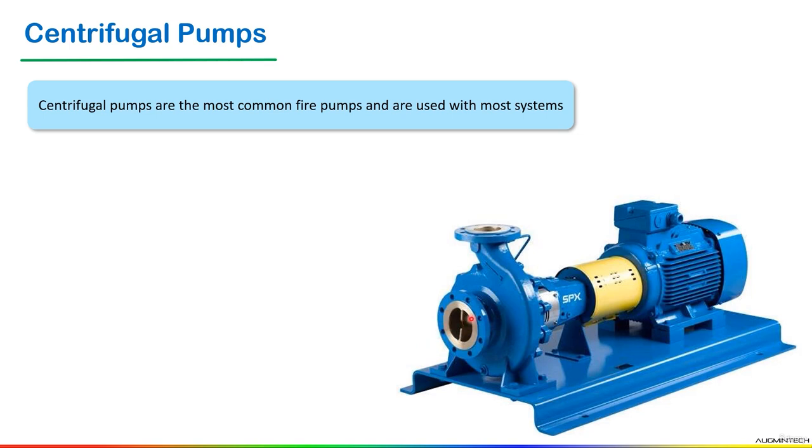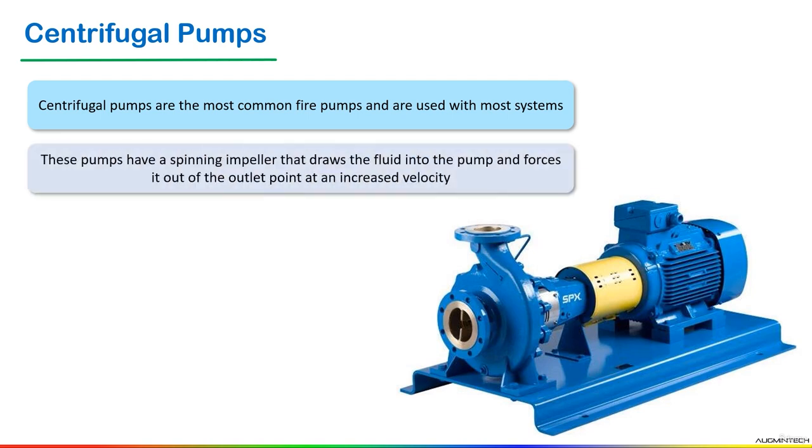This is our suction inlet, and it passes to the center of the impeller and discharges through this discharge line. These pumps have a spinning impeller that draws the fluid into the pump and forces it out of the outlet point at an increased velocity.